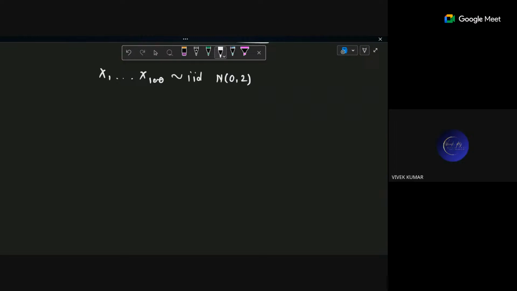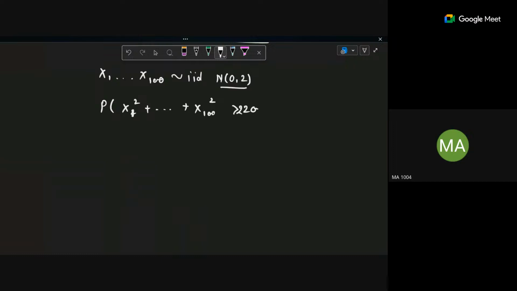Okay, let's check it. Yes, 200. So this is a normal distribution. One more piece of additional information is given compared to the previous question, right? And we are being asked for the probability that x1 square plus up to x100 square is greater than 200.